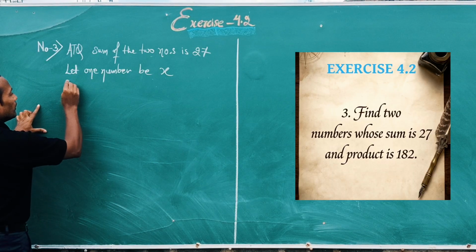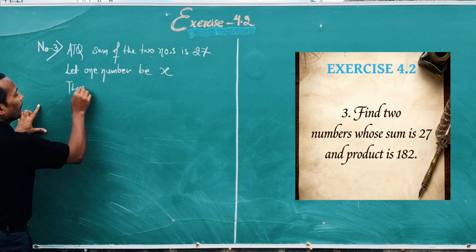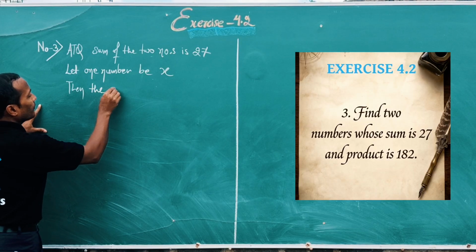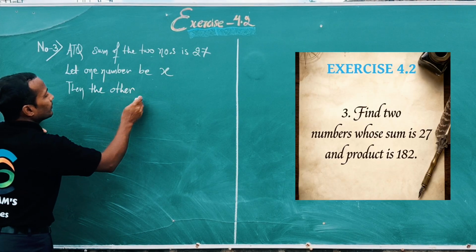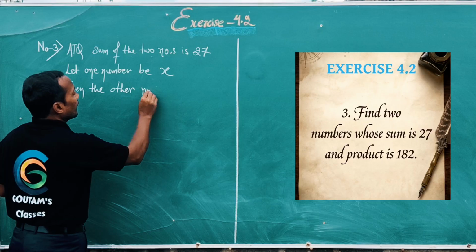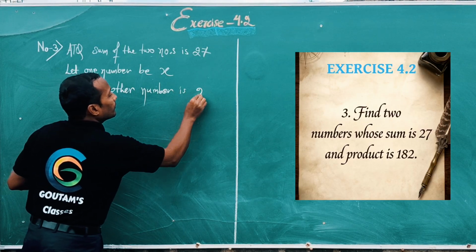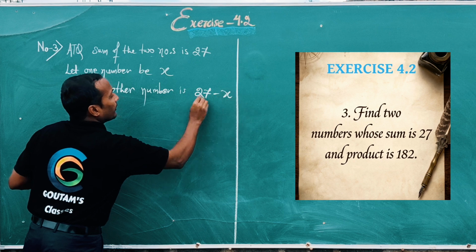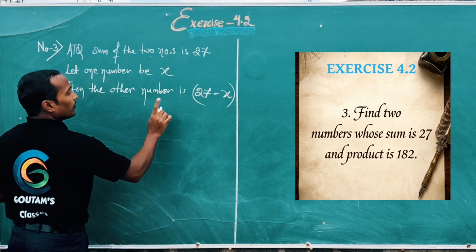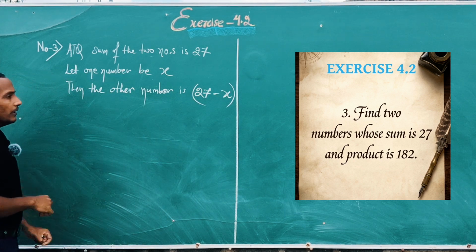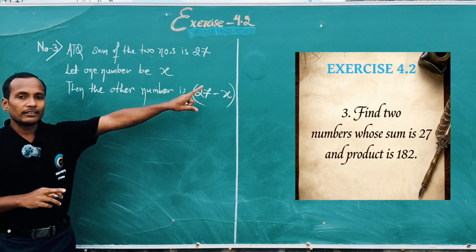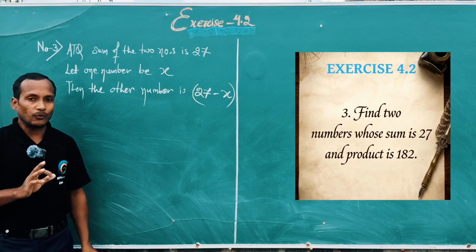So other number will be 27 minus x. Now according to question, you can see the product of these two numbers is 182.